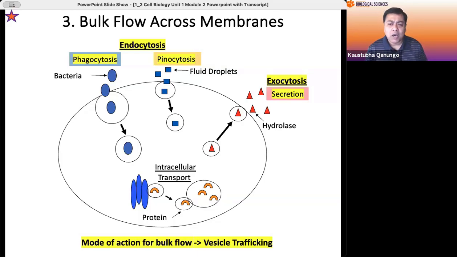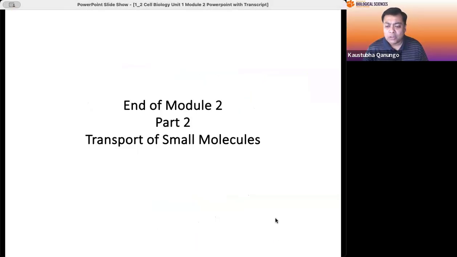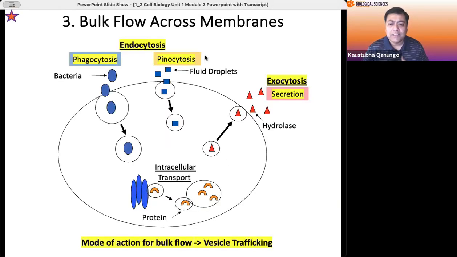These are the mechanisms. So that's pretty much all. This is just the tip of the iceberg. Here we are just learning all these processes, and in the next part, we will learn how this trafficking happens. Just remember the basic definitions of phagocytosis, pinocytosis, exocytosis, and that's pretty much all.